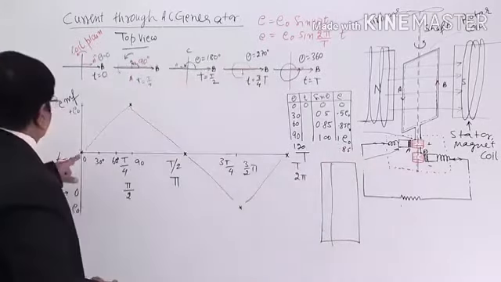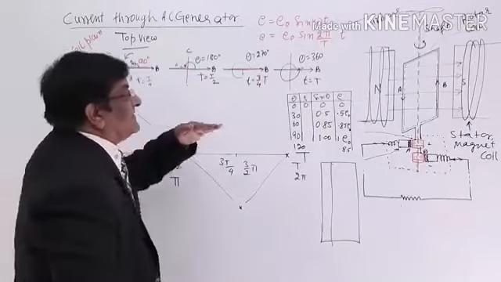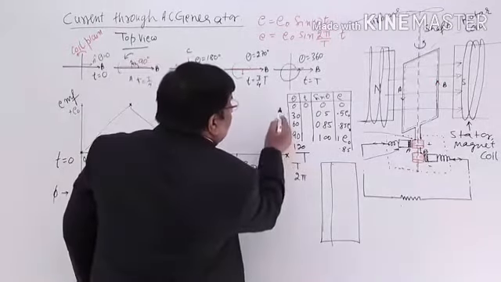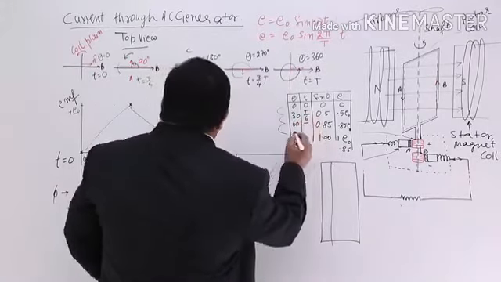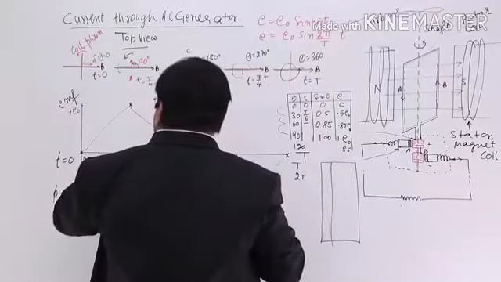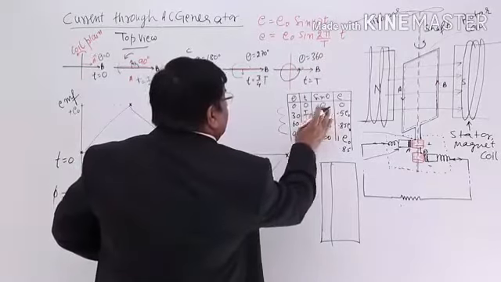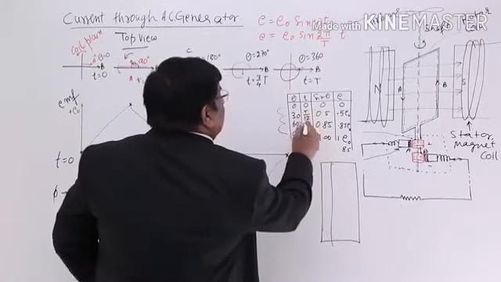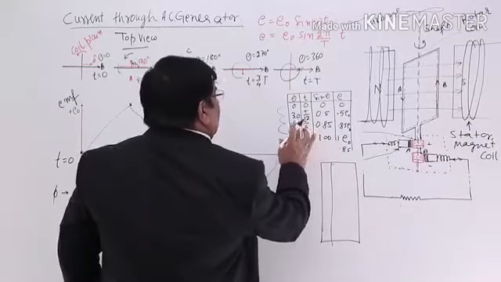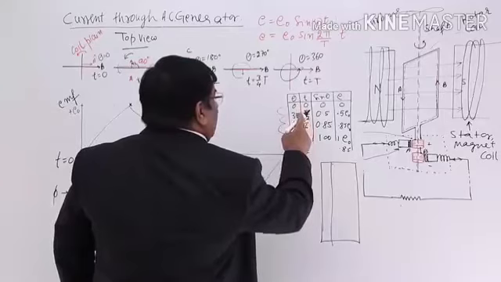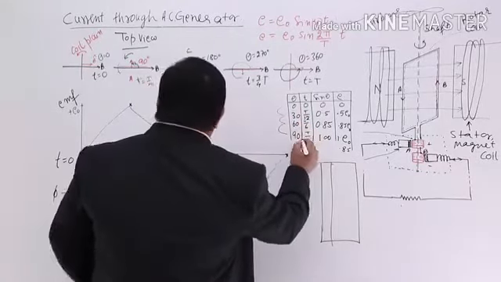Now when it has reached from 0 to E naught, it has increased in 3 equal steps. This is 0 to T by 4, and T by 4 is divided into 3, so each is T by 12: T by 12, T by 6, and then T by 4 here.